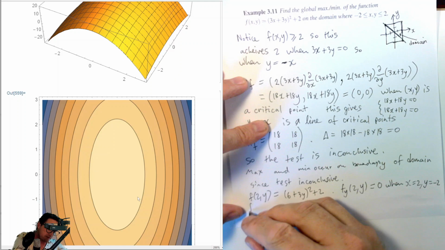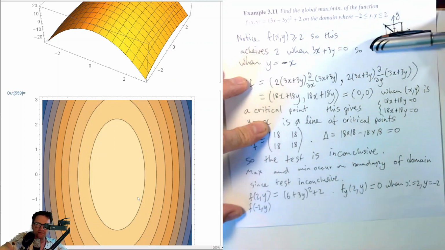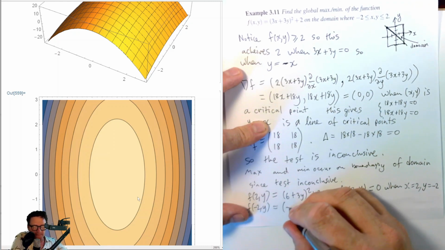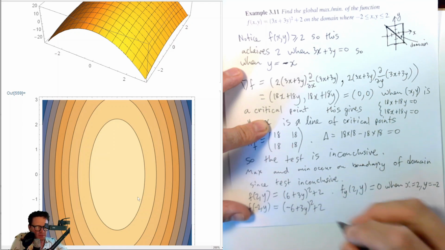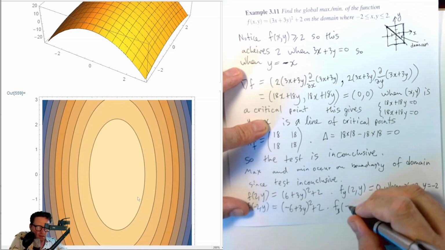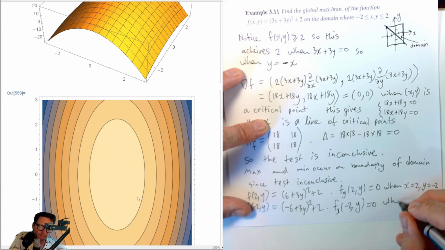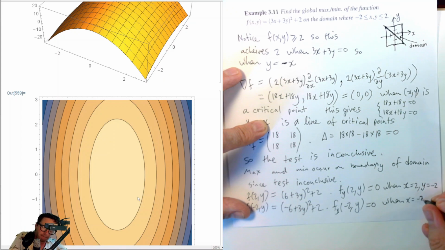All right, so f of minus 2, y, so along the bottom of that domain, we have then minus 6 plus 3y squared plus 2, and f subscript y along that line is 0 when x is equal to minus 2 and y is equal to 2.